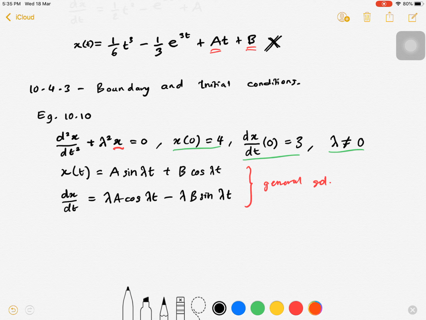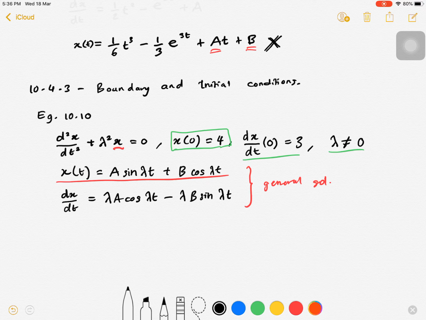So we consider this equation, the x equation, first. We consider the first condition right here.